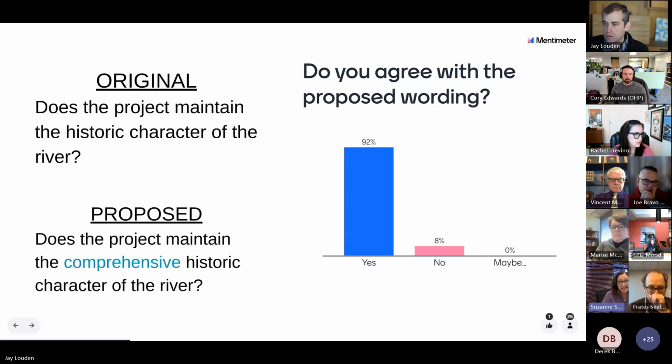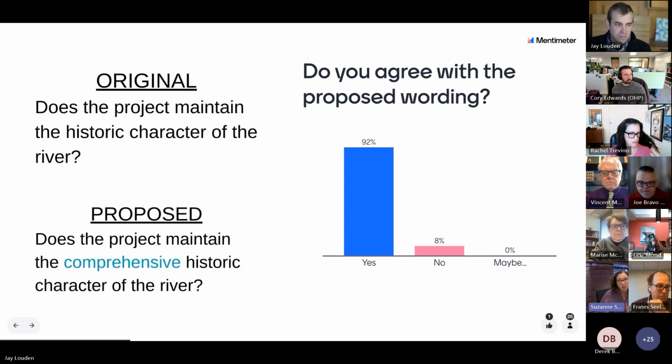Well, I would say, does the project, you could say, respect and function. There's a function to the river too. I just want to make sure that it's not just the character, but it's the function, because the river does provide a purpose in the management of water.